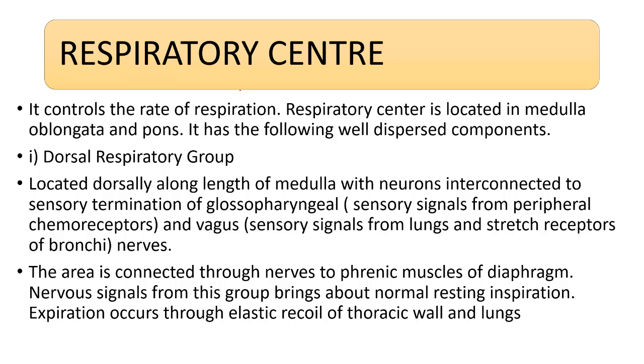Now we are going to start with the neural control and the chemical control. The respiratory system control is basically bifurcated into two major types: the neural and chemical control.